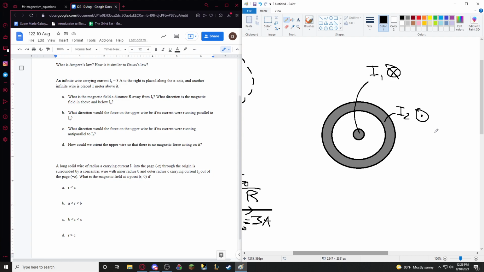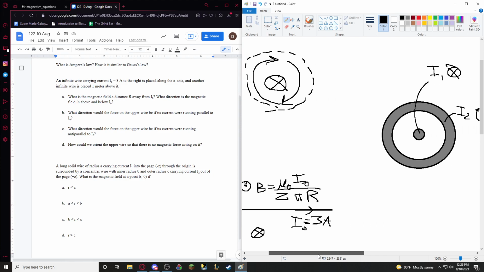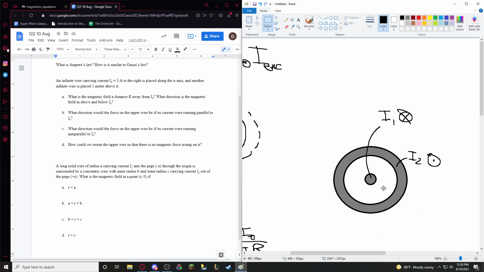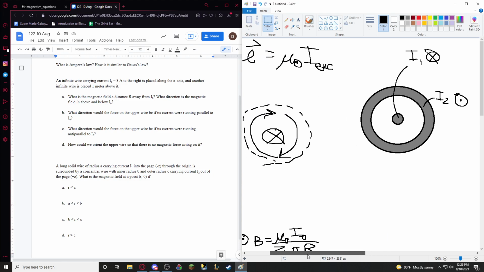What law are we going to need to use? Well, we're going to be using Ampere's law. Exactly. What's Ampere's law? Mu naught times I enclosed is equal to the closed loop integral of the magnetic field dot dL.